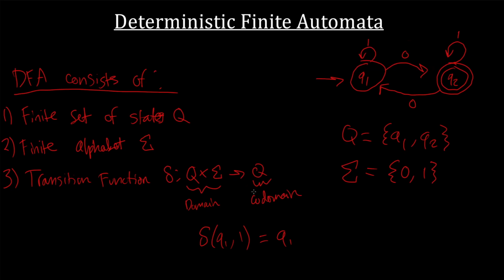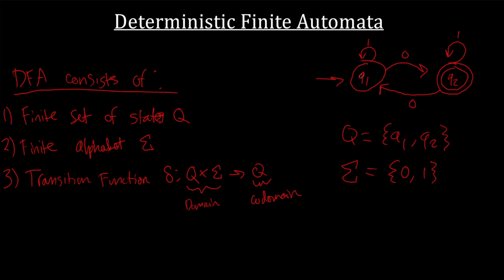And so we need to get into a few more details here before we move on, because there are a few details that matter. Because delta is a function, every state character pair must have a defined state that it maps to. We can't have a state character pair that does not map to anything by the definition of a function. Everything in the domain must have a mapping to something in the codomain. So essentially what that means for our DFA is that for every state, every character must have a transition on that state.